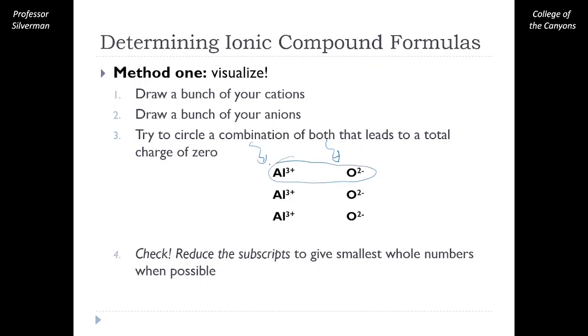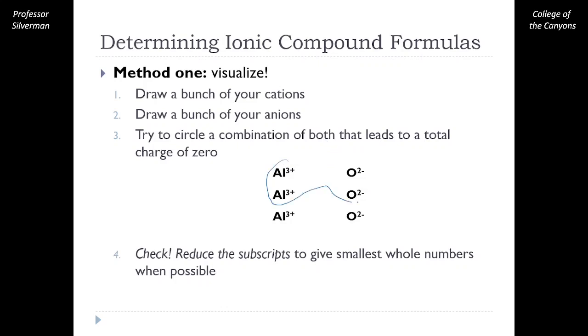We can try to grab just one of each, but we can immediately see that this is not going to work. 3 positives and 2 negatives is not going to be good enough. We can add some more negatives by grabbing more oxygens, but this still doesn't quite work. We have 3 positives and 4 negatives.